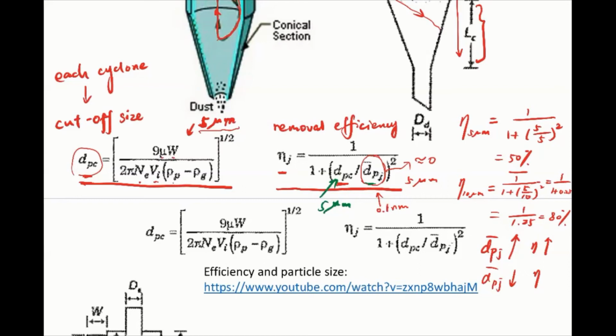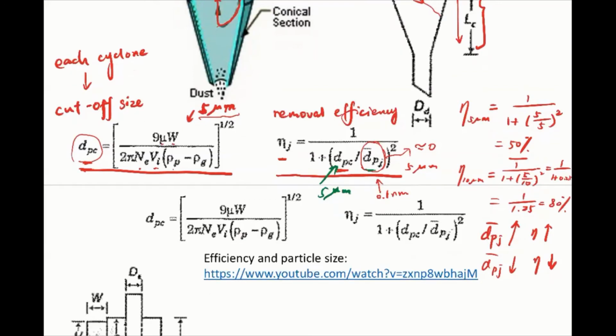Then dpc divided by dpg will be very large, right? And then you further square it, it will become much larger, infinitely large. So 1 divided by an infinitely large number will go to 0, which means that for small particles, the collection efficiency will be very low, okay? So now you can see how this equation makes sense.